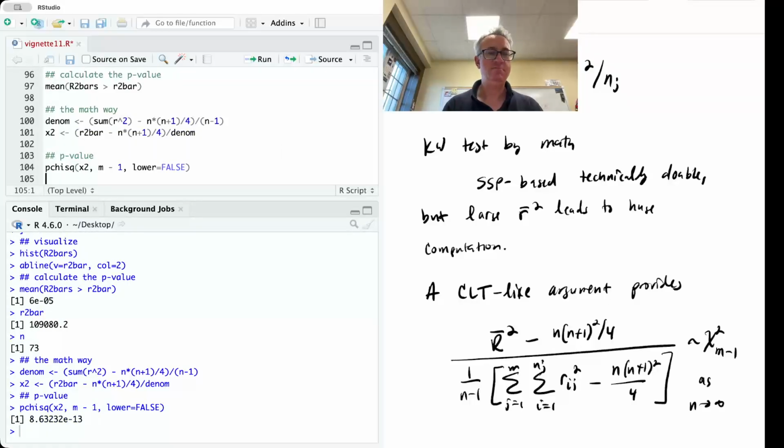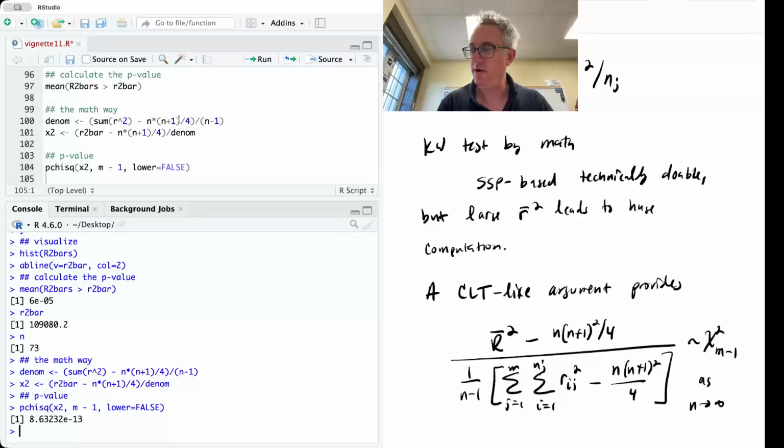Okay, so it's a tiny number. Remember, both of them are an approximation. We did a simulation-based approximation to get this number, and now we're doing a central limit theorem type approximation, and both are saying very low probabilities. Okay, so that is, oh, I see a mistake. And now I'm seeing why they don't agree more.